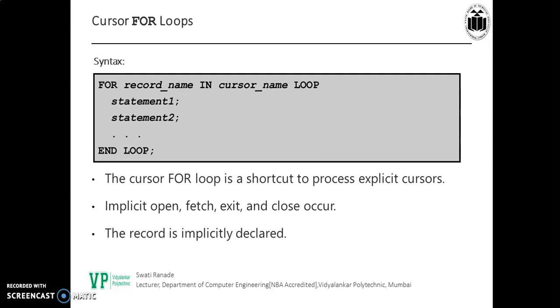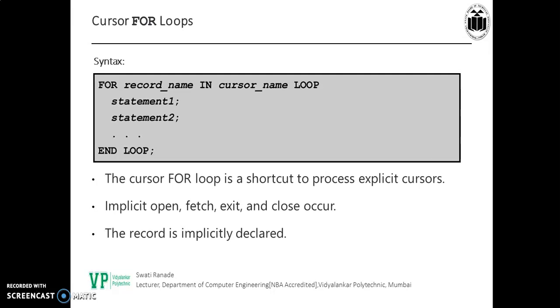The for loop is a predictive type of loop where we just mention one counter and the lower bound and upper bound to execute the loop. Here we are going to use the same concept for the cursor.